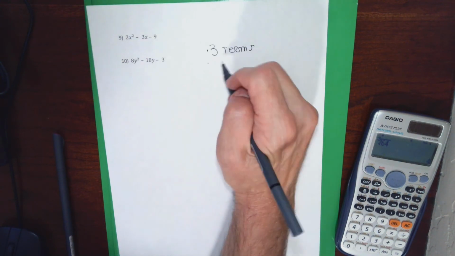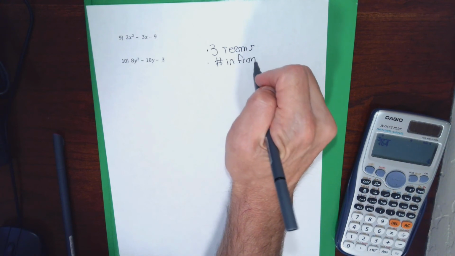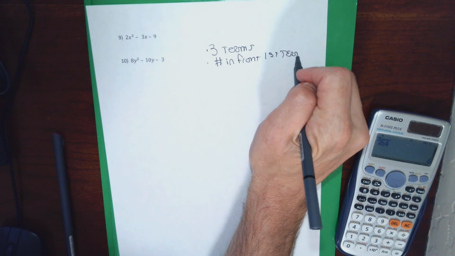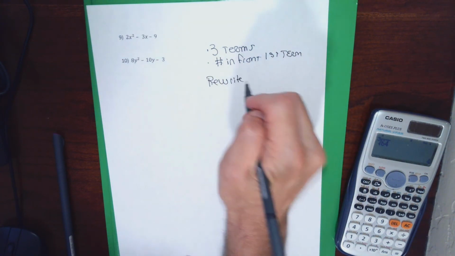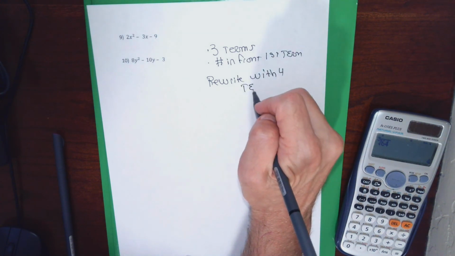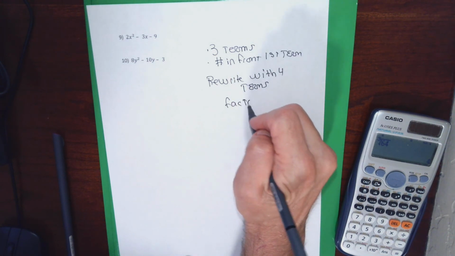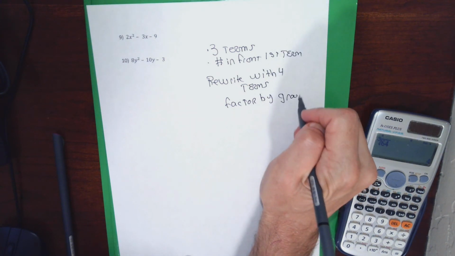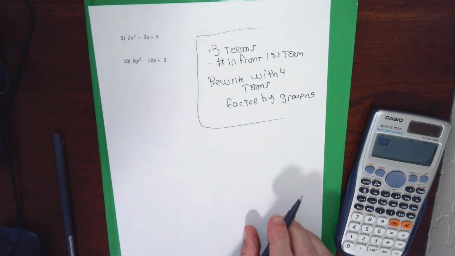When there's 3 terms and there's a number in front of the first term, then I'm going to rewrite with 4 terms and factor by grouping.